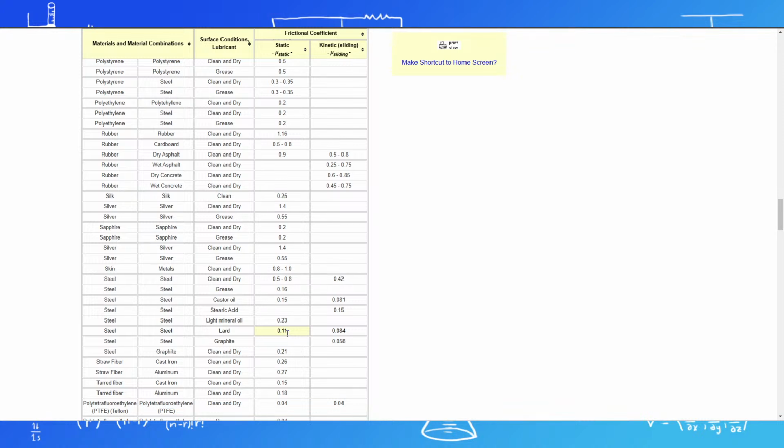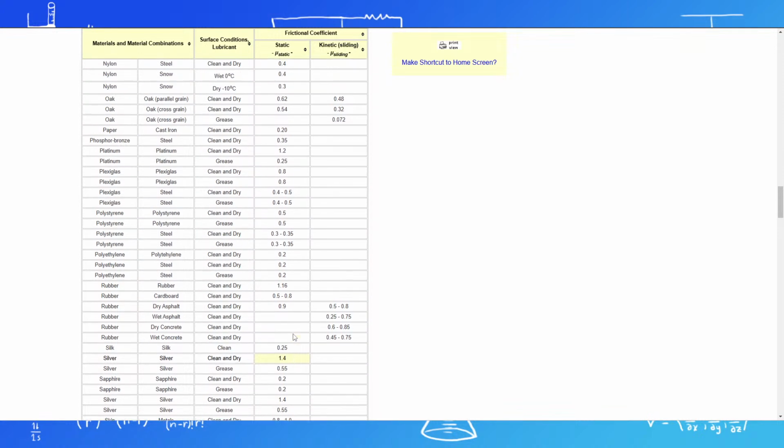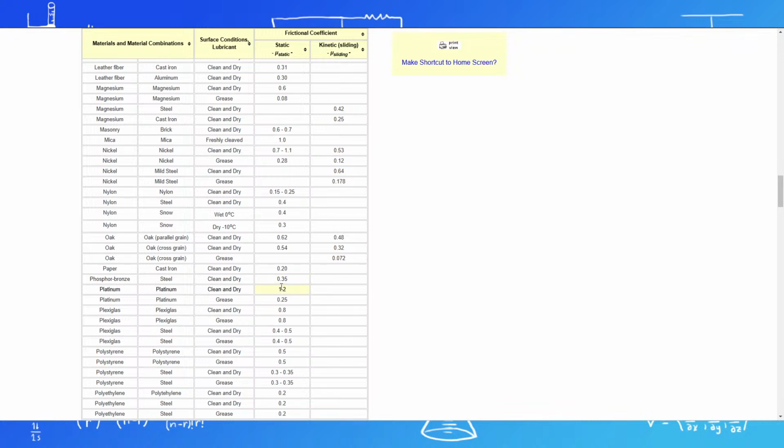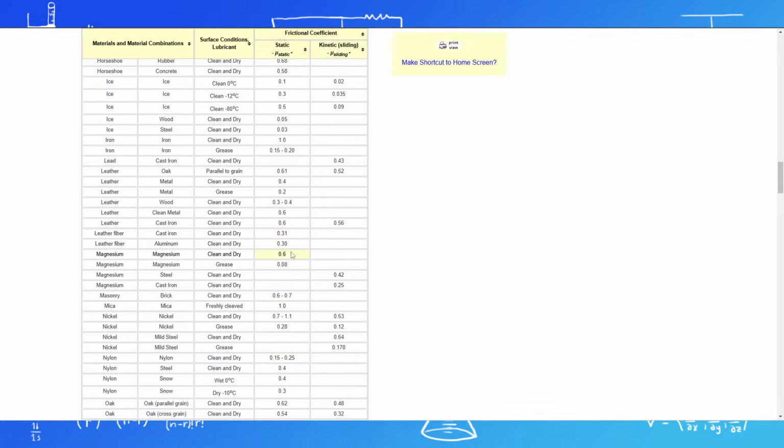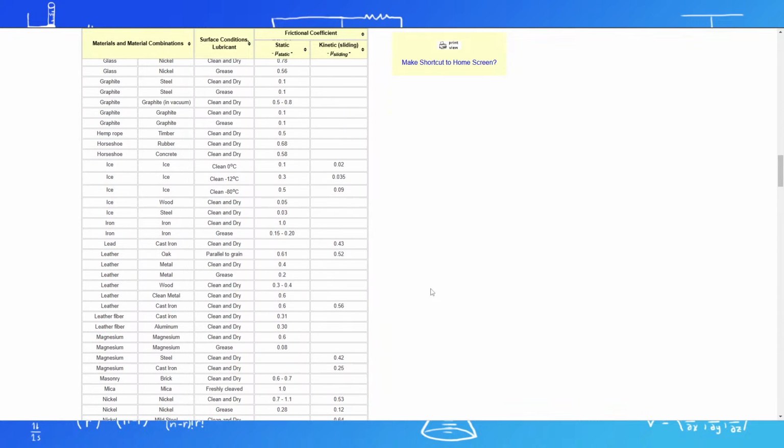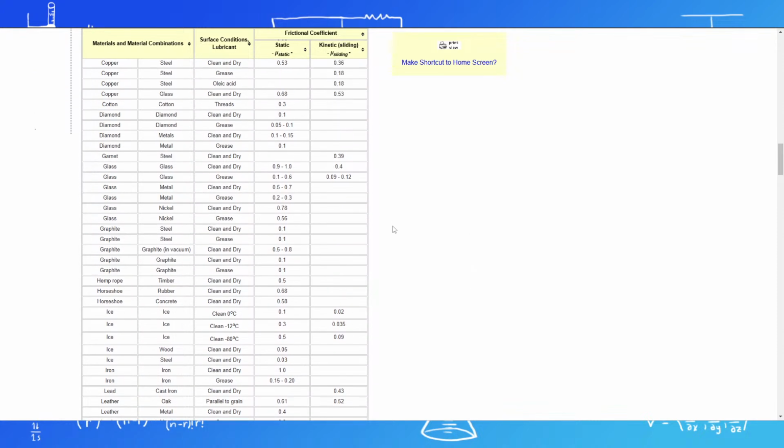Be careful about friction coefficients that are calculated too high. It's not impossible, but chances are, if you calculated a friction coefficient greater than 1, then there might be something wrong with your work.